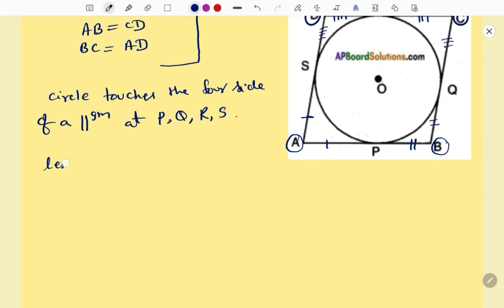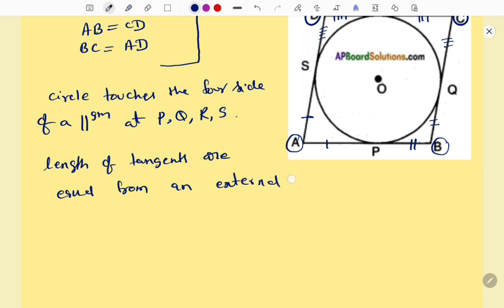So what is that point? Lengths of tangents from an external point to a circle are equal. So by using this concept, you know AP is equal to AS. Already we discussed this in the previous question.